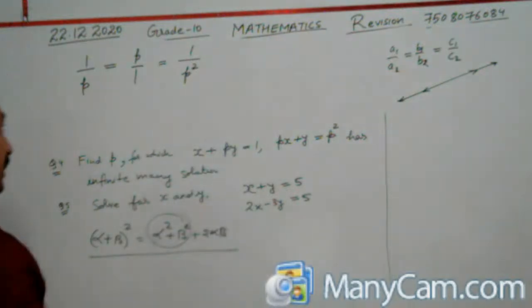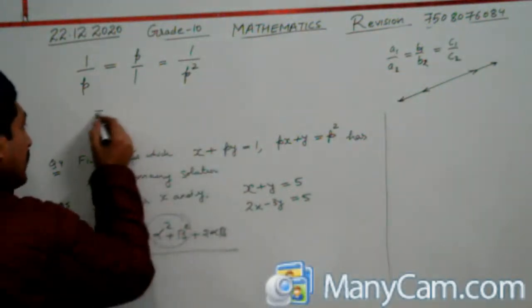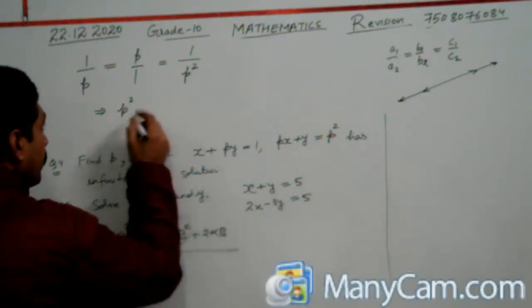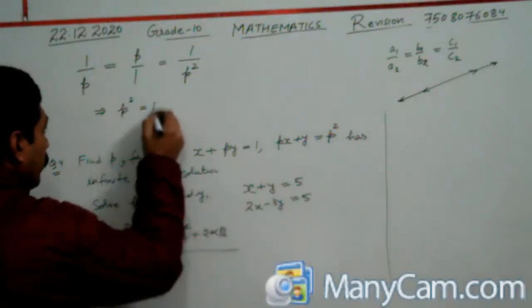So this implies that p square is equal to 1.